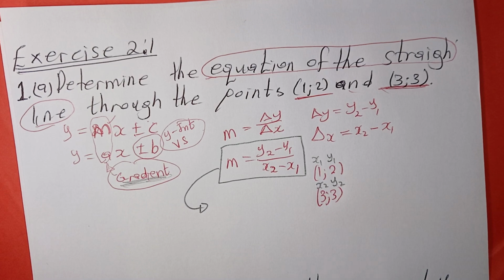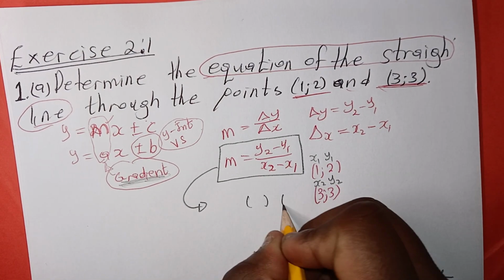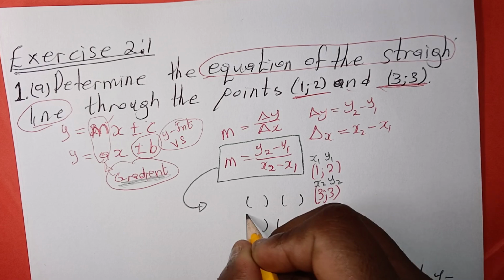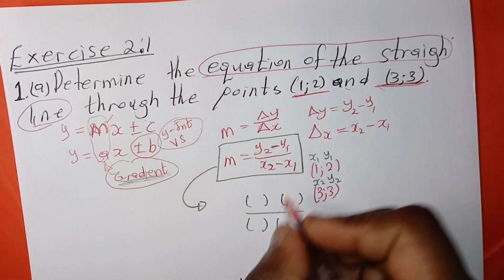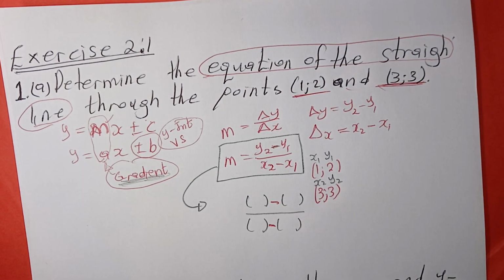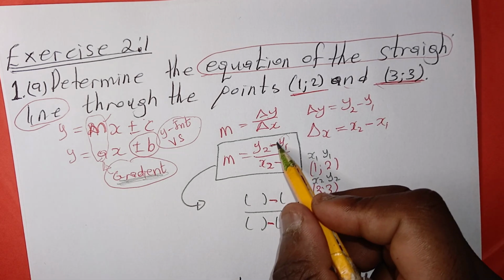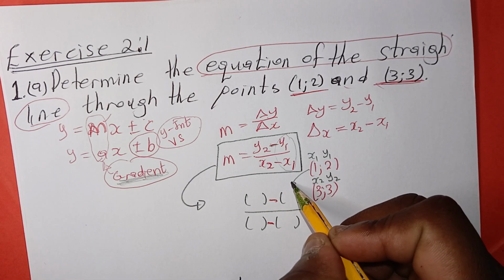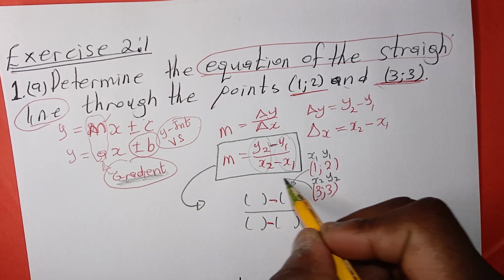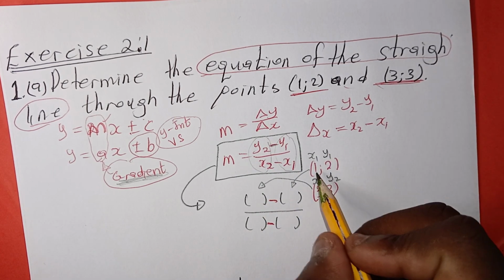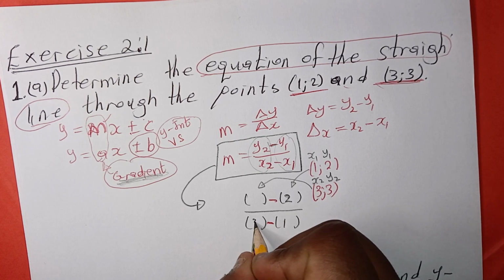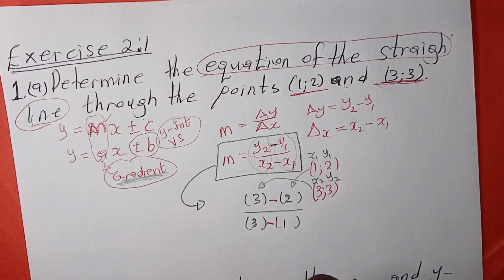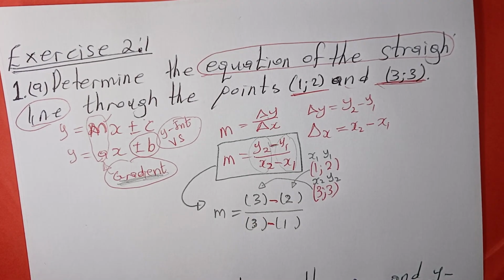When you substitute, you just do this: open, close, open, close, with the minus sign between them. Point 1 goes here and point 2 goes there, so I substitute the x and y values, and here I get m.